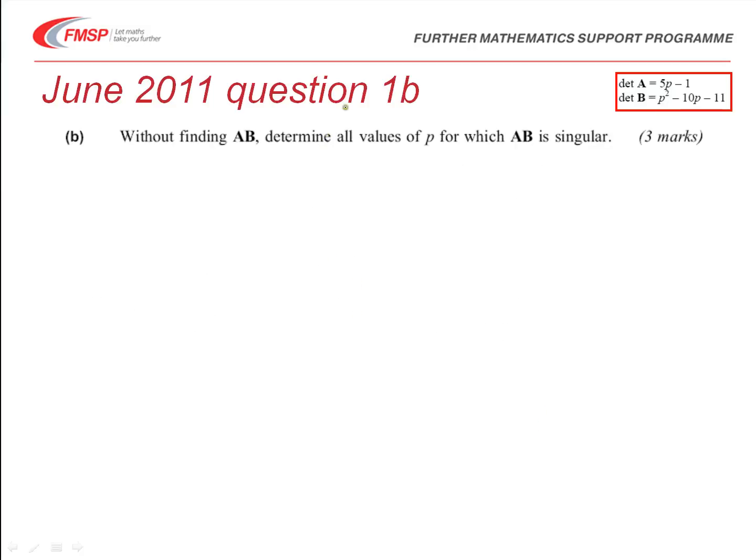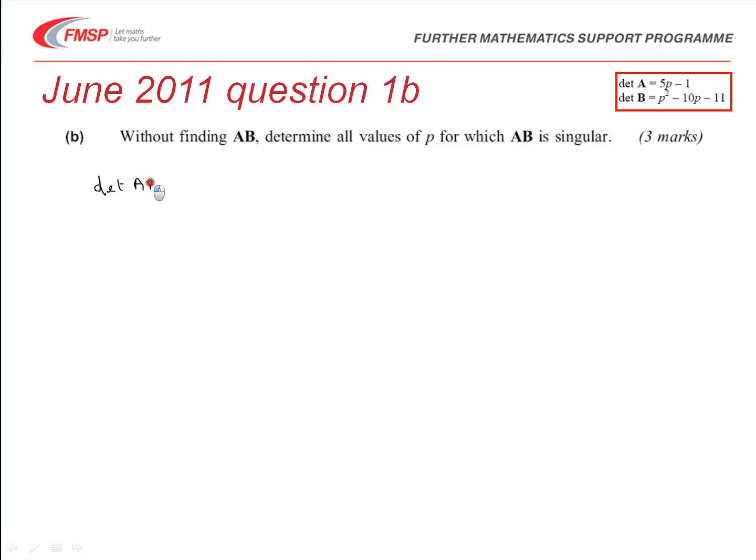Now in part b, if you remember, we're being asked to find the values of p for which the matrix AB is singular. Remember, for it to be singular, its determinant has to be 0. So how do we find the determinant of AB without actually finding AB?